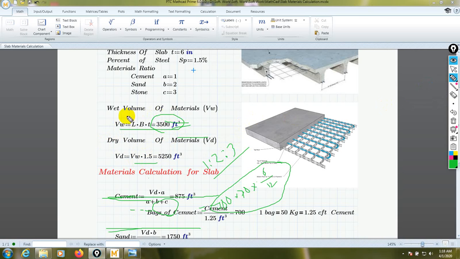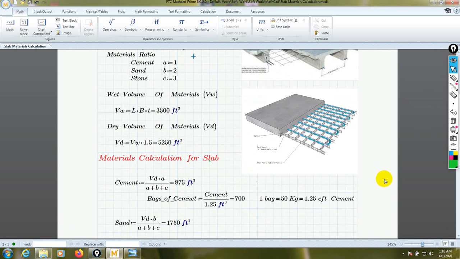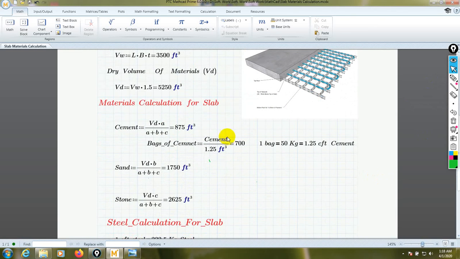I mean, if we multiply the wet volume by 1.5, then we'll find our dry volume, and by using the dry volume we'll calculate our material quantities. Here is the dry volume, 5250 CFT.